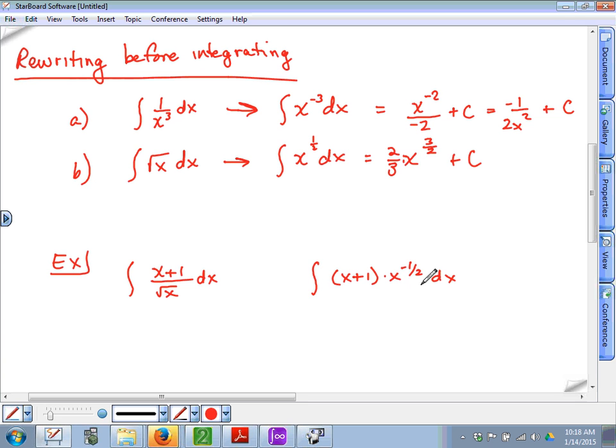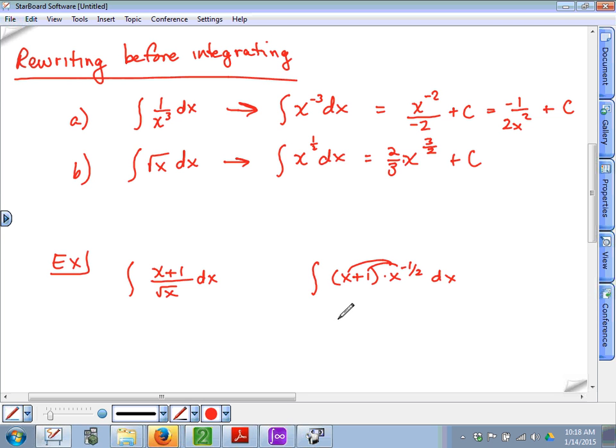Well, where could we go with this? Wait, couldn't you do this? Can we just try to solve it in our heads? You mean distribute? So what if we multiplied that through now?